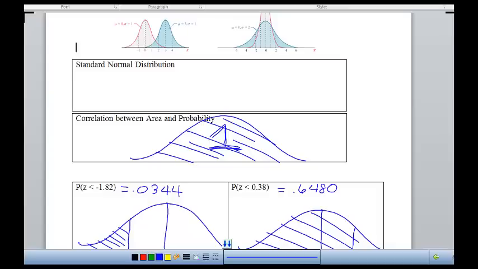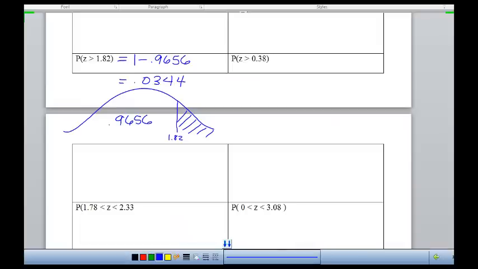Well then, with that said, I think the next one was for the probability that z is greater than 0.38. All right, what are we going to do with that? 1 minus 0.6480. We looked up 0.38 earlier, but this time we're interested in being greater than.